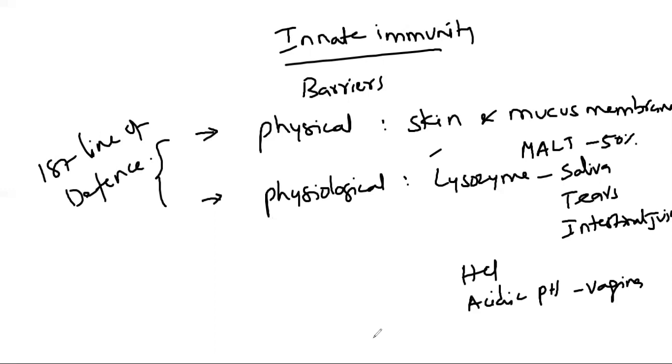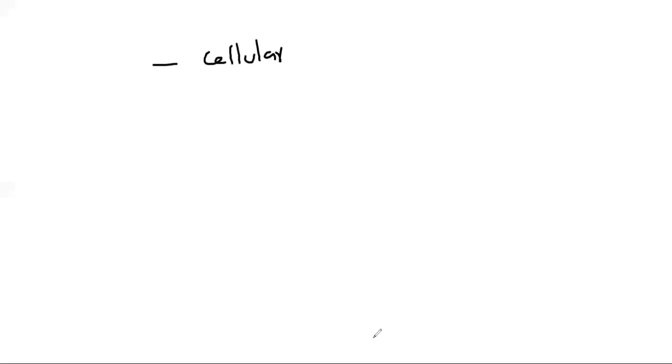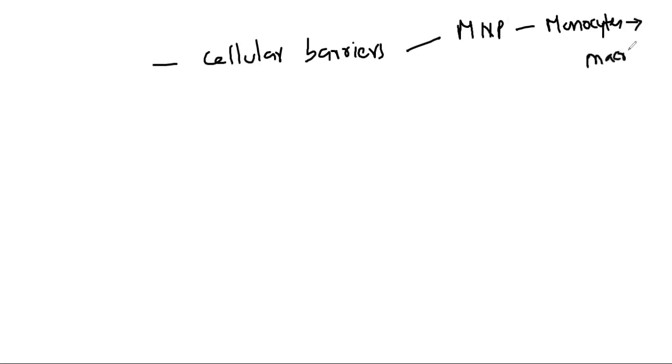Next, coming to the other barriers. Next, cellular barriers. Now these cellular barriers include mononuclear phagocytes like monocytes. I think you know the monocytes transform into macrophages when they reach the different parts of the tissue.